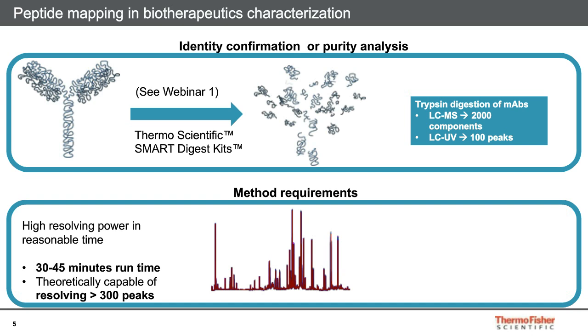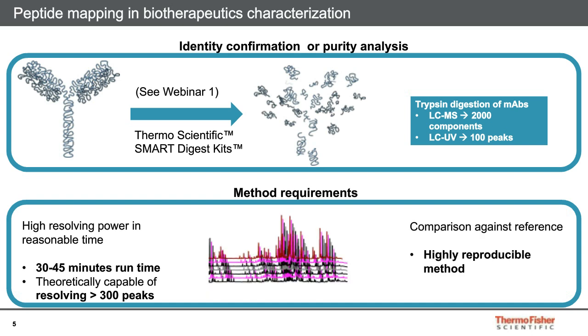As I mentioned, peptide mapping is run to confirm the identity of the protein or to check the purity of this protein. Either way, what you normally do is you compare a reference standard to an unknown sample. And therefore you have a comparison.